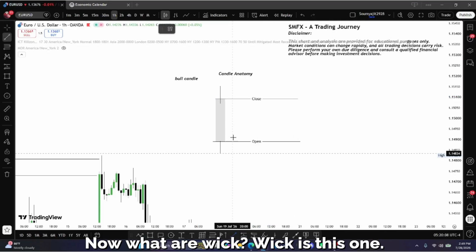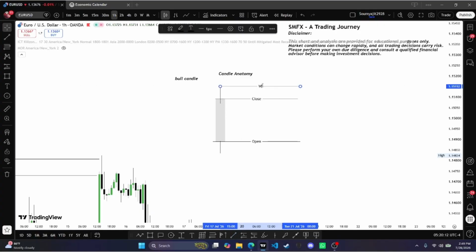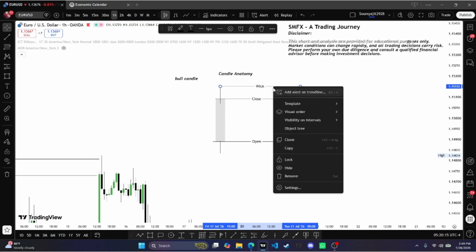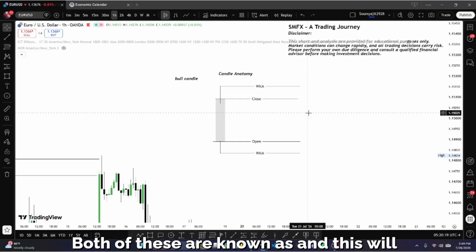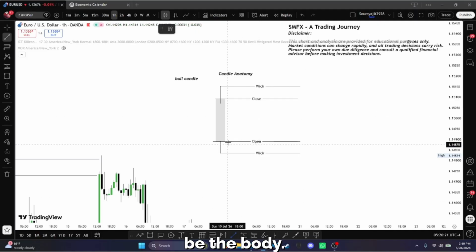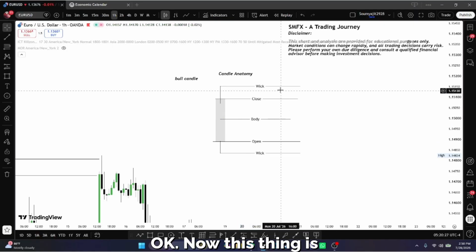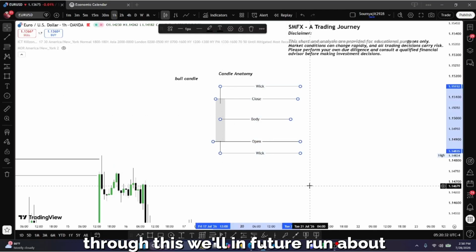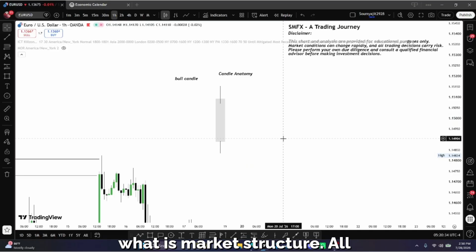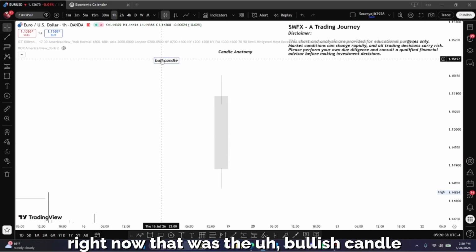Now, what is a wick? This is known as a wick. Both of these are known as wicks, and this will be the body. This is pretty important to understand because through it we will later learn about market structure.